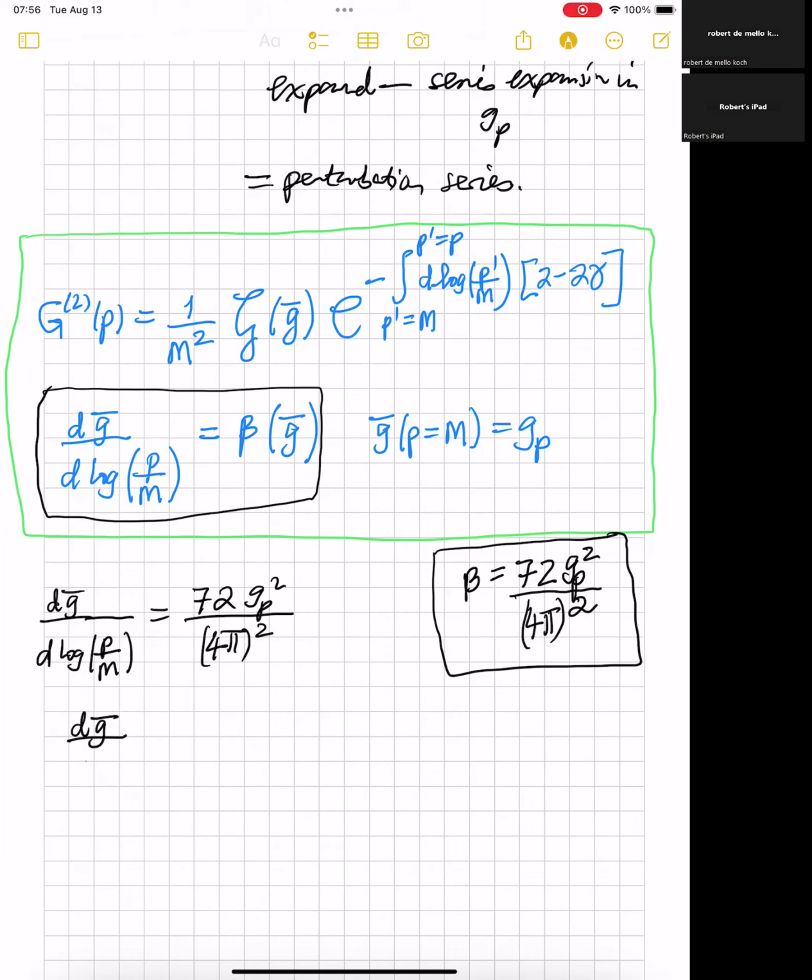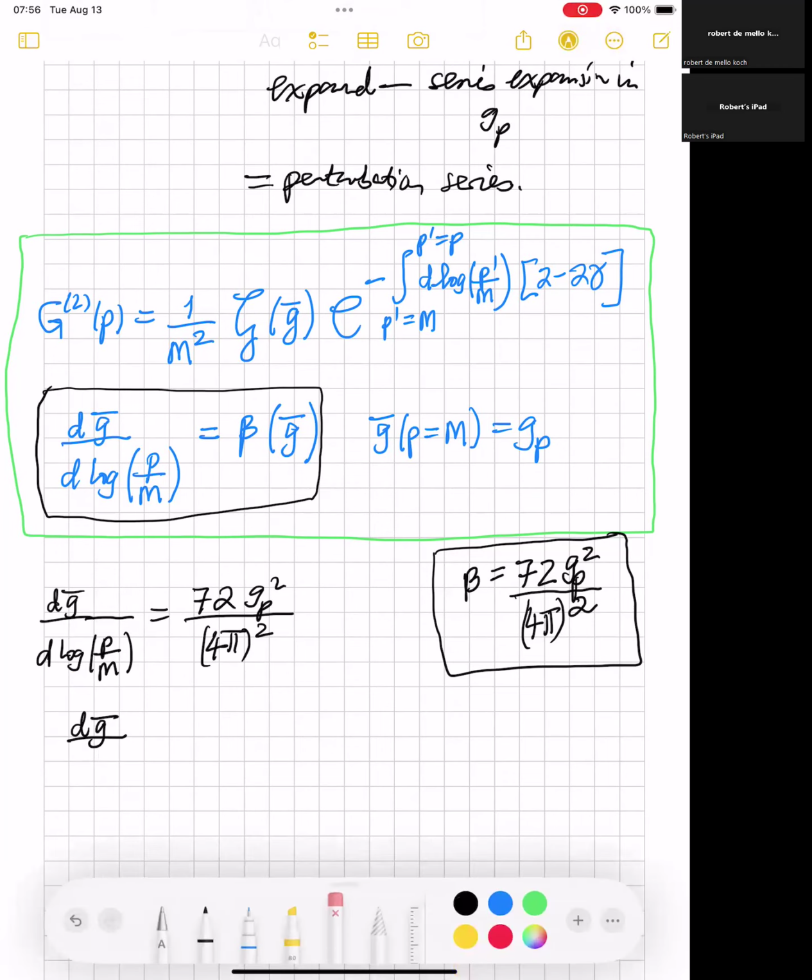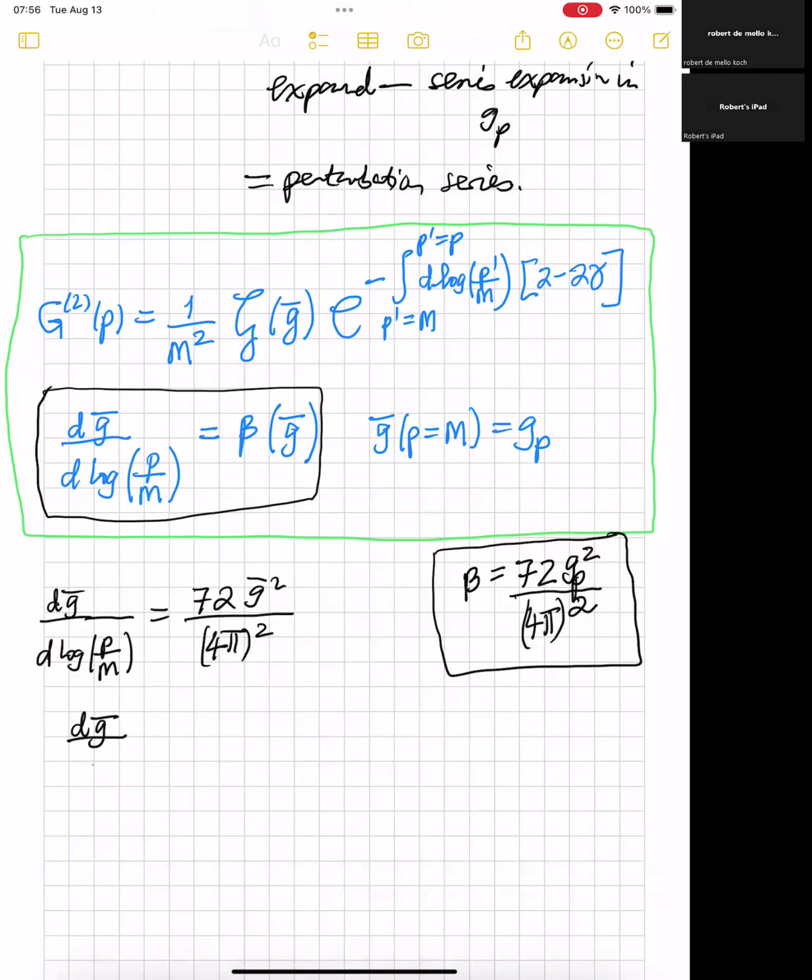So we take d g bar over, we should put in the beta function as a function of g bar. So that should be g bar squared. Good. So we'll have d g bar divided by g bar squared. So I've kept the d g bar on the left-hand side, and I've taken all of the g bar dependence onto the left-hand side.